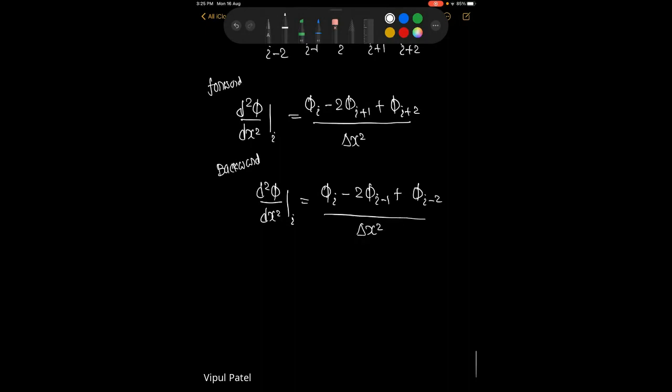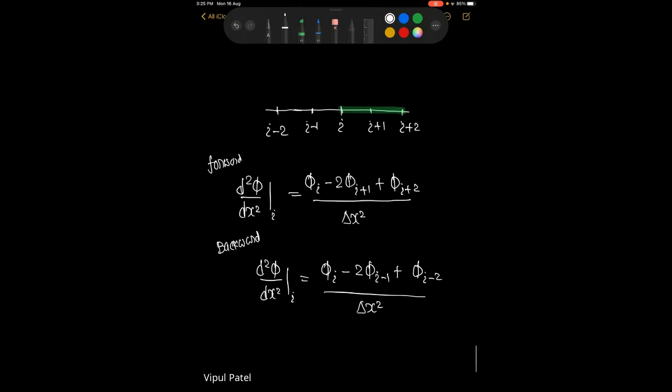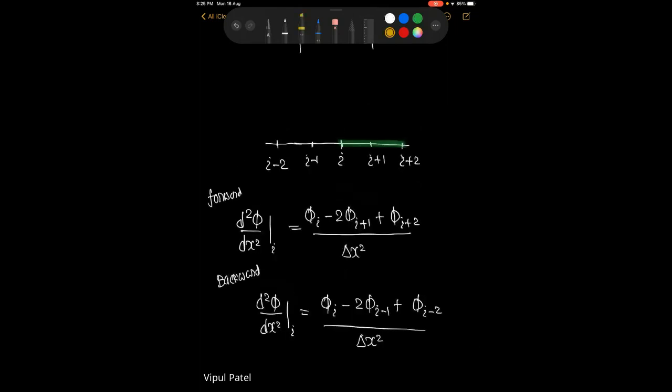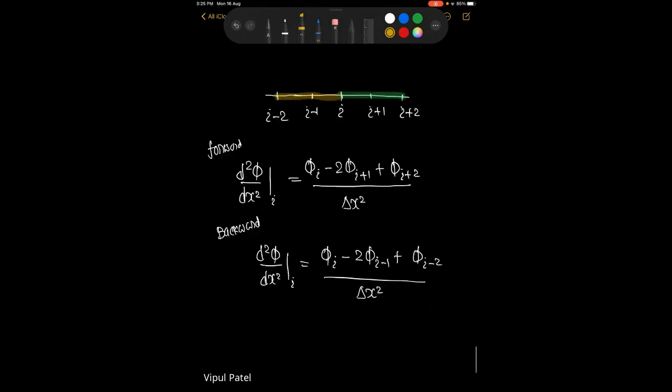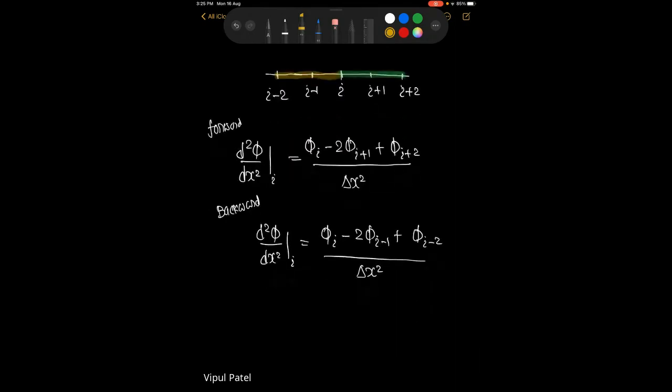If I mark the points involved in this formulation, then this is I minus 1 and I minus 2. So again backward difference approximation is also a one-sided approximation.